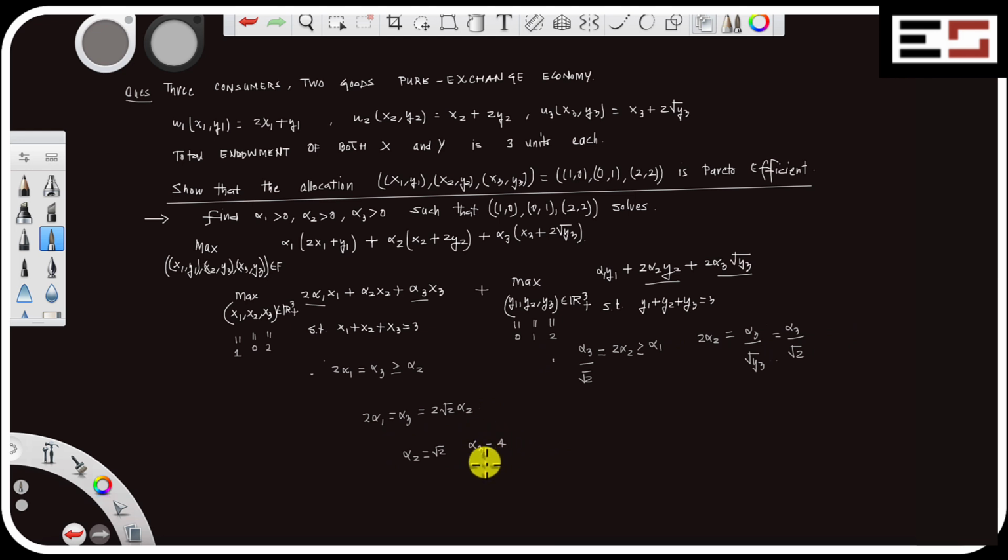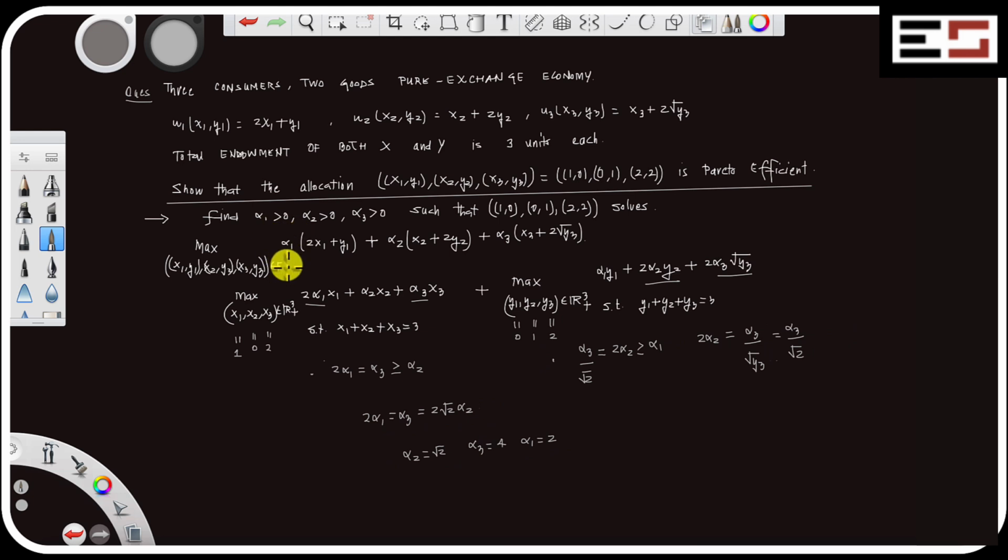Okay, so if alpha 2 is root 2, then alpha 3 is 4, and if alpha 3 is 4, then alpha 1 is 2. So this is one possible choice of alpha 1, alpha 2, alpha 3.